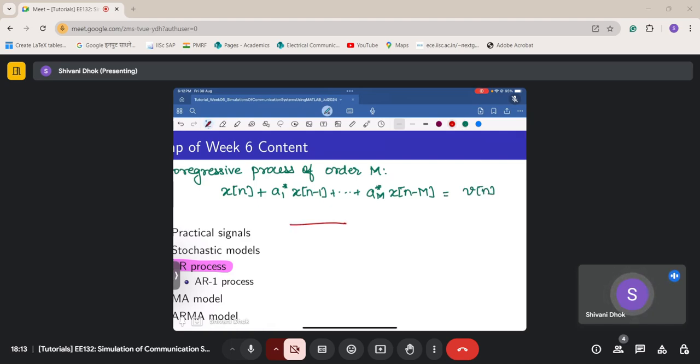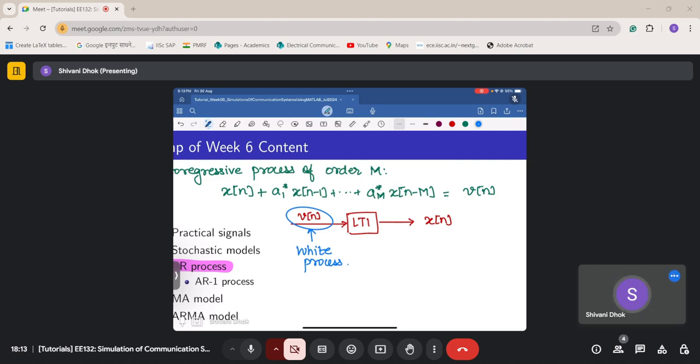Basically, we have an input which is v of n. We'll pass it through an LTI system, and we will get an output that is x of n. And this particular v of n is a white process. When we say white, it means that v of n1 and v of n2 are completely uncorrelated when n1 is not equal to n2.